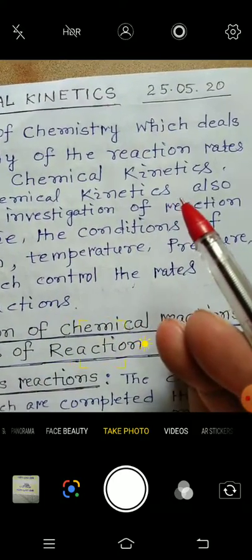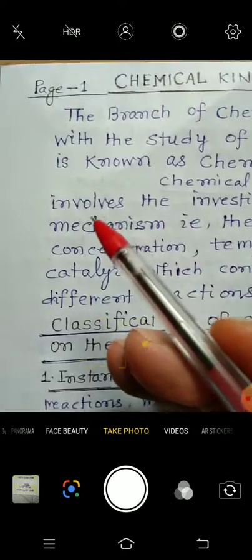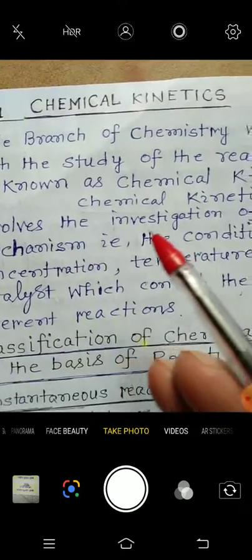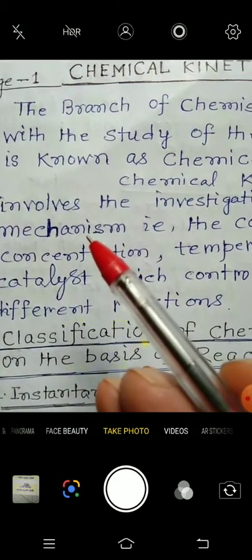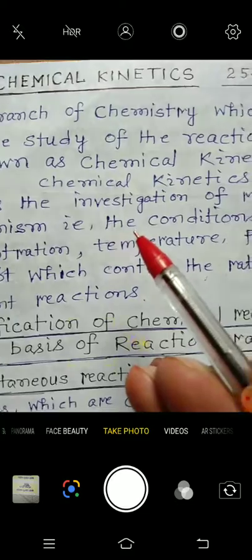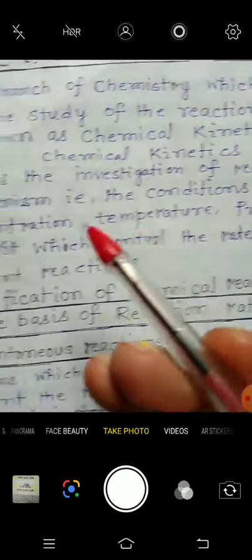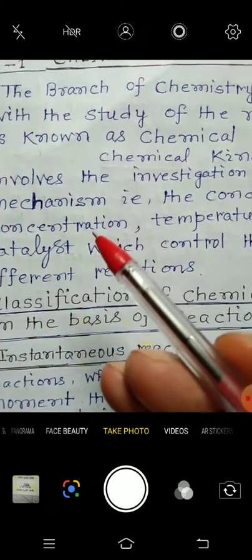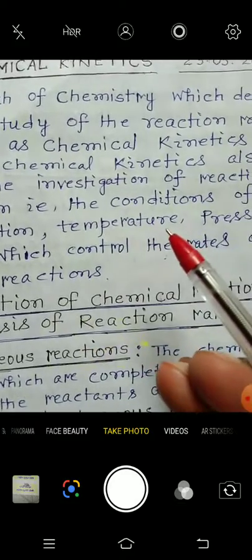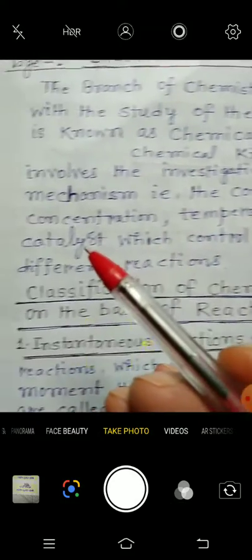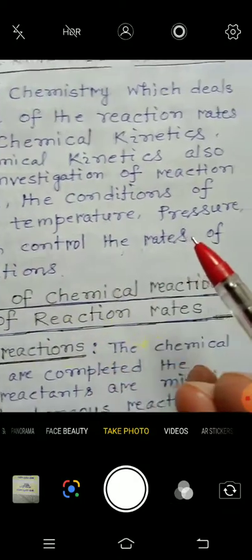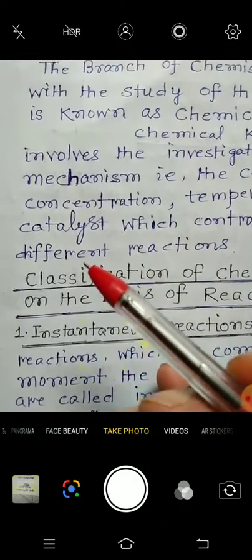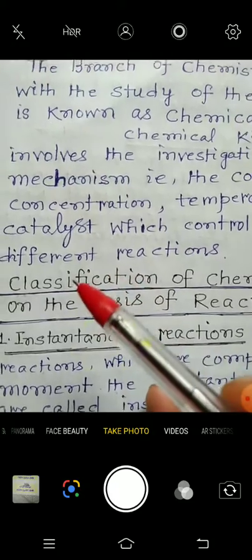Chemical kinetics also involves the investigation of reaction mechanism, that is the conditions of concentration, temperature, pressure, catalyst, which control the rates of different reactions.